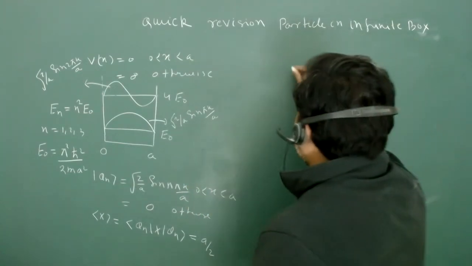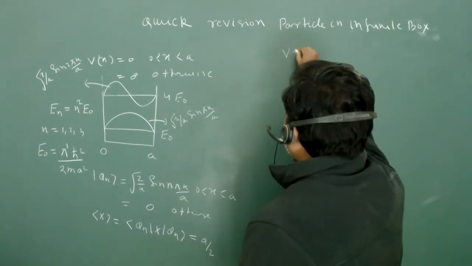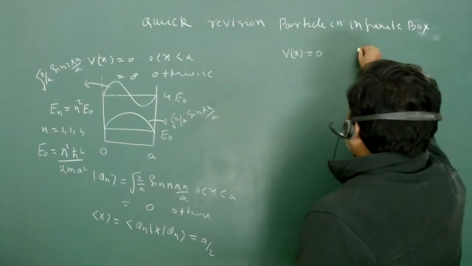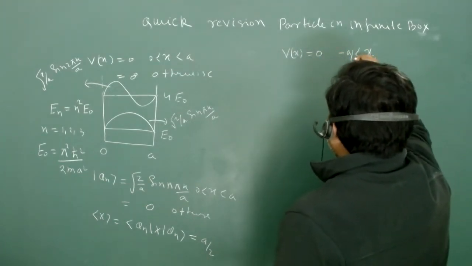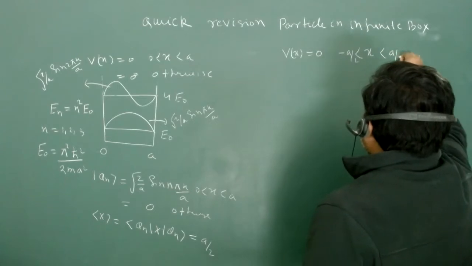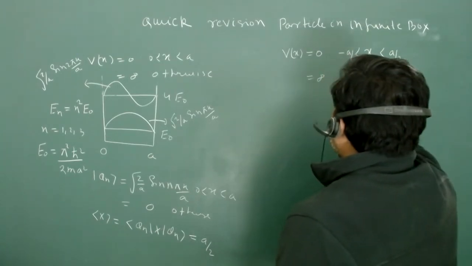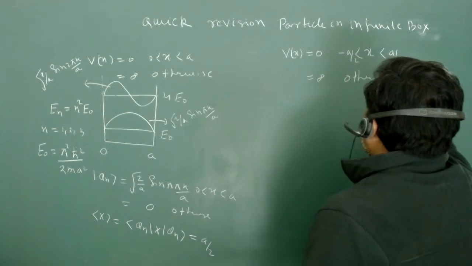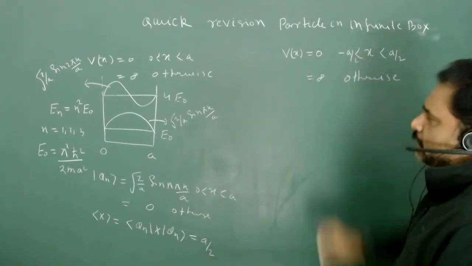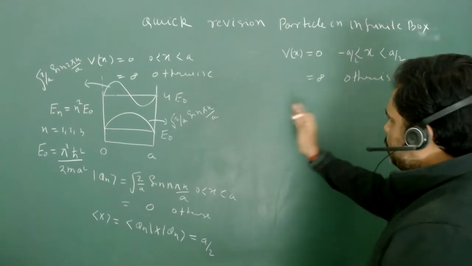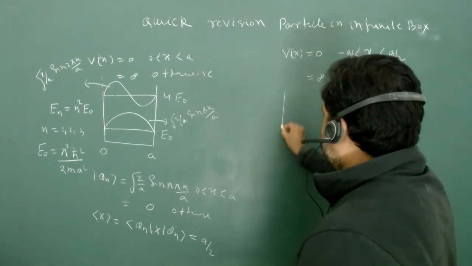You also have to focus on this: when your potential V(x) is equal to 0, I am talking about x between minus a by 2 to plus a by 2, and infinity otherwise. This is the same width, but we have changed the box, and it is symmetric about x equal to 0.